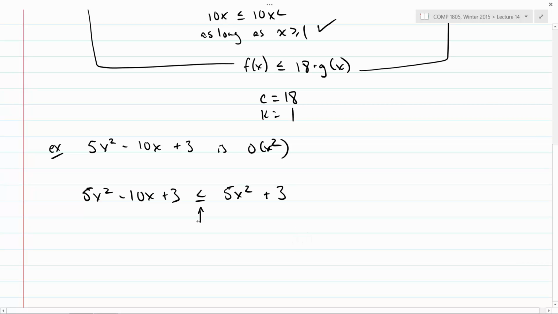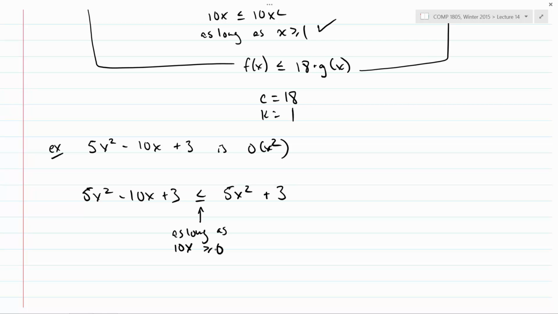So this is true as long as 10x is bigger than or equal to 0. That has to be the case, because otherwise it wouldn't really be minus 10x, it would be plus something, because the negatives would cancel. So that's something you have to keep in mind.